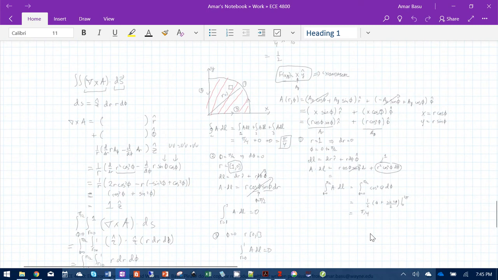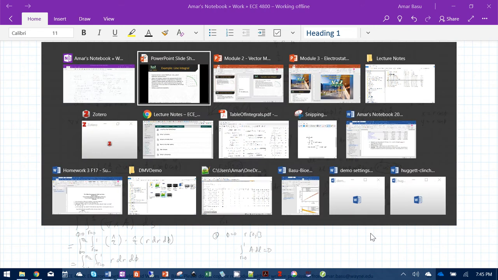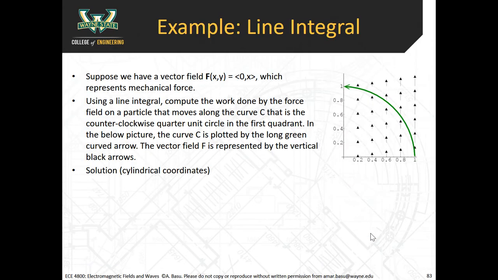We only did 0 to pi over 2. I just want to start with what the problem is. This was the problem, right?